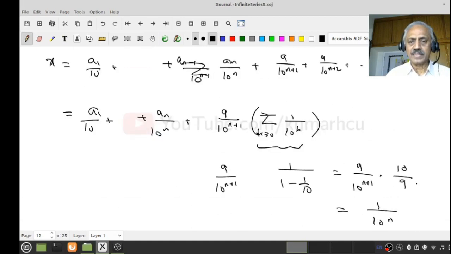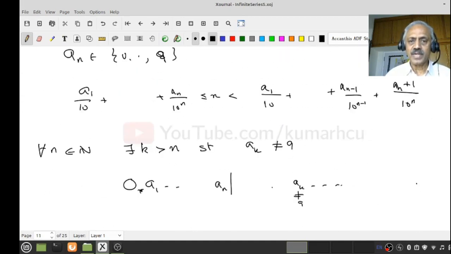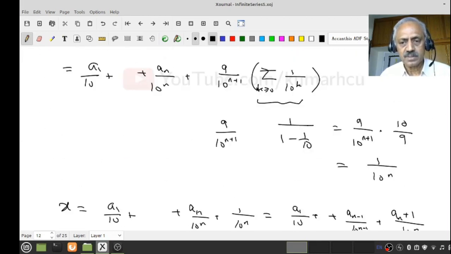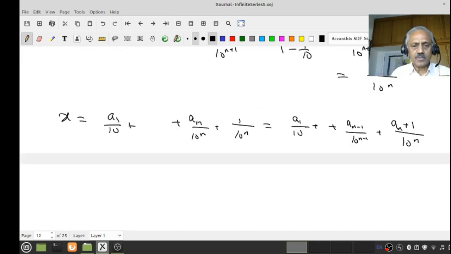Yeah, but that's a contradiction. Why? Because I chose a_n such that this inequality should hold. So in particular, the last inequality should be strict. That is being violated. So what have you proved?